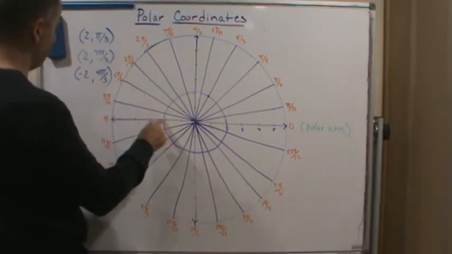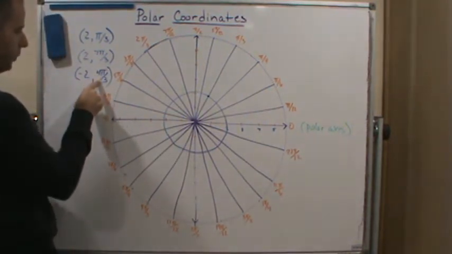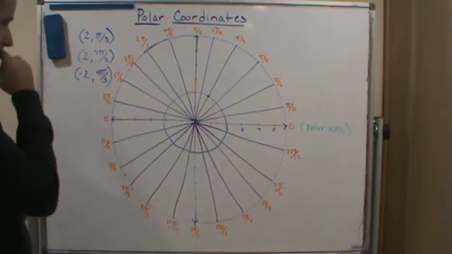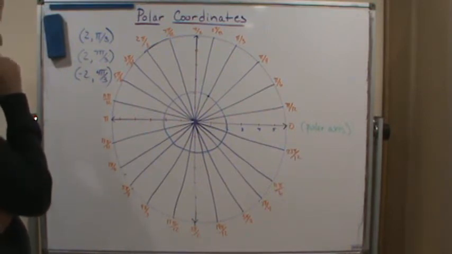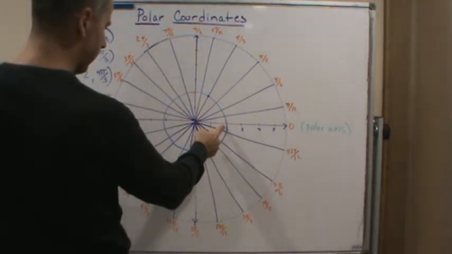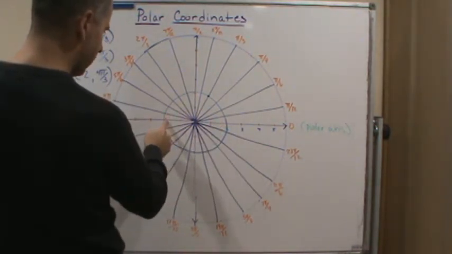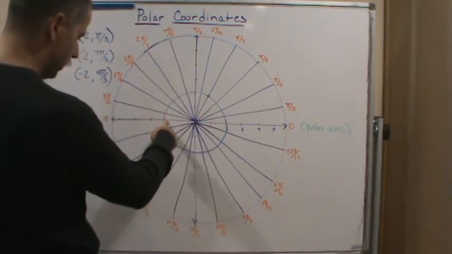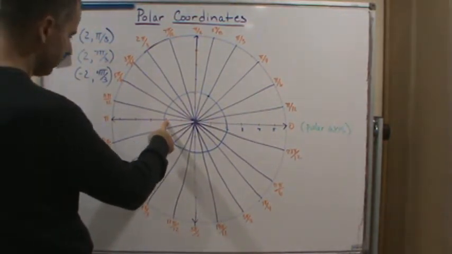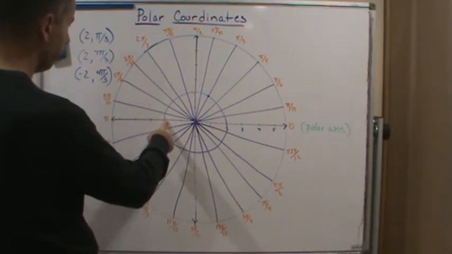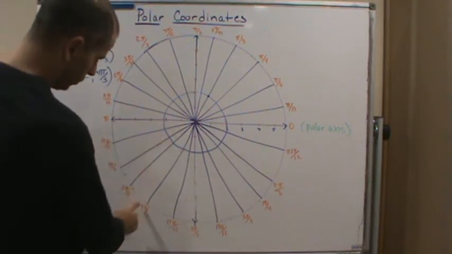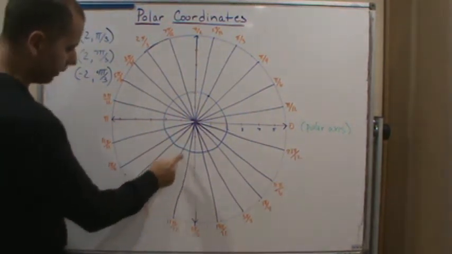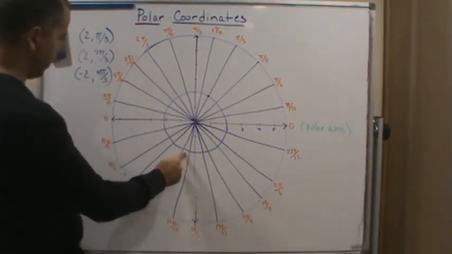If I go -2 and 4 pi over 3, which is pi plus another pi over 3, that would put me here.